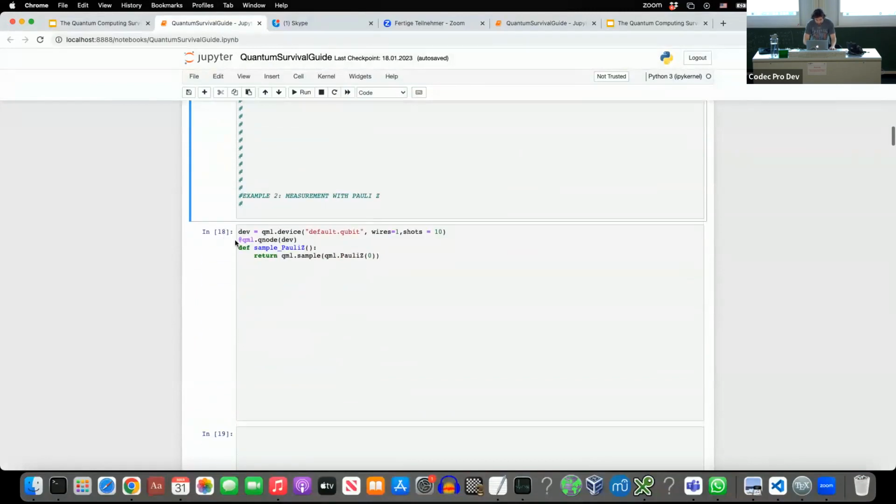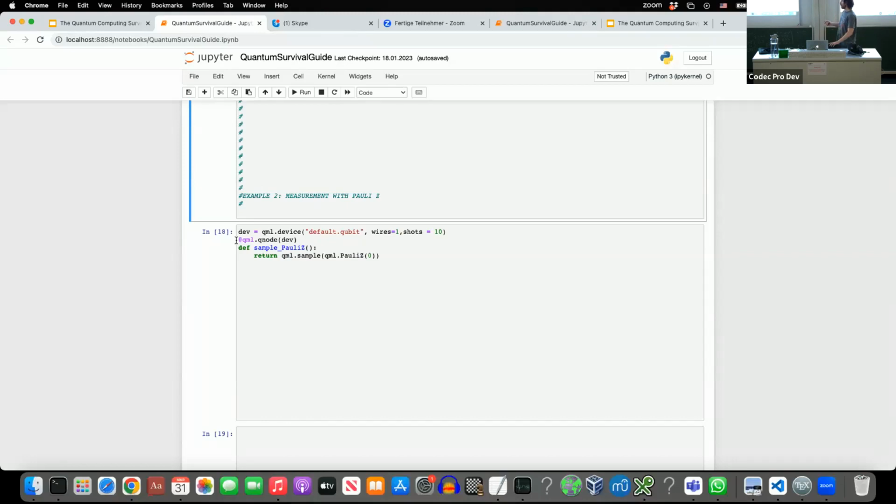So, okay, example 2. I just want to contrast this circuit with the one that we have already seen. So here, when we're defining a device, we are adding this parameter shots and saying that there will be 10 shots. What this means is that we are going to run this circuit 10 times and measure the eigenvalue that we observe 10 times.